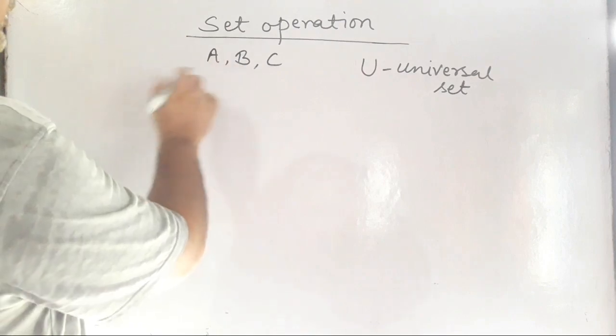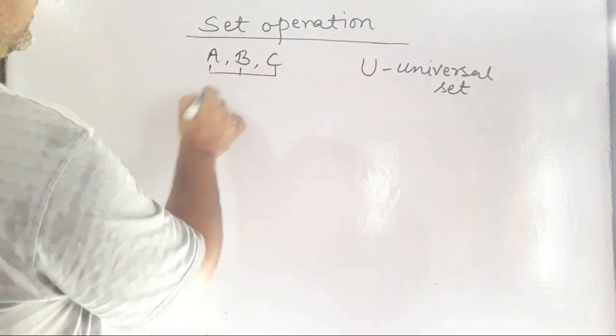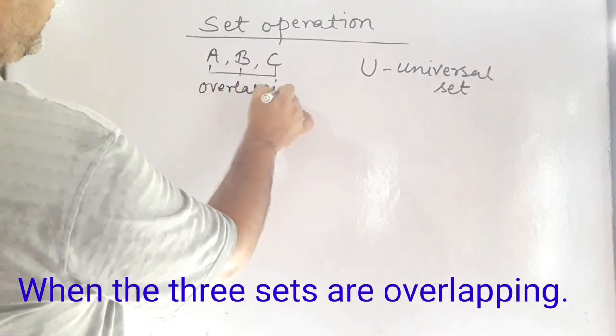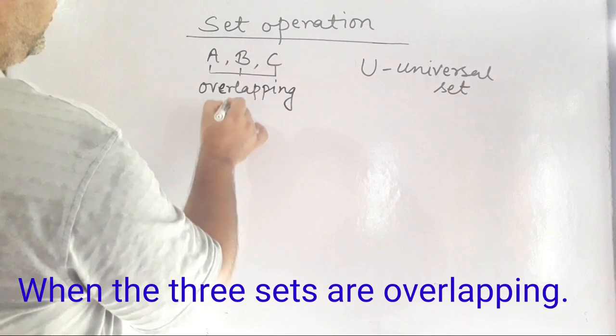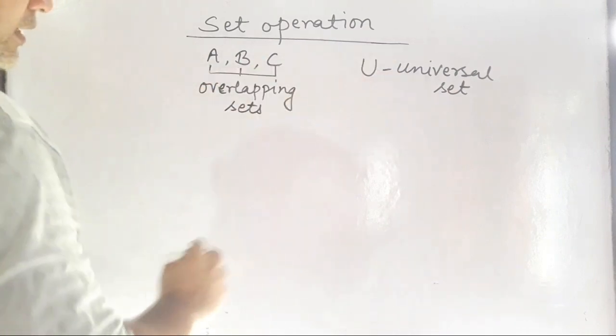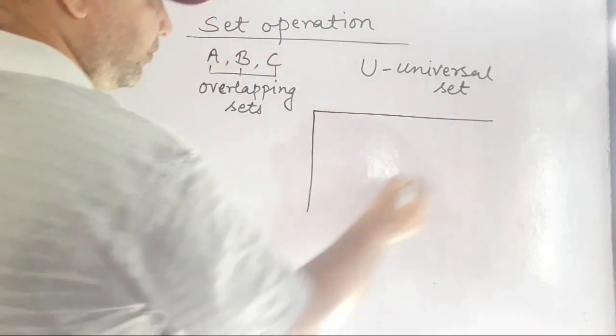Okay, the next case, if A, B and C, the three sets, are overlapping, and these are the subsets of the universal set, then how do we make them?